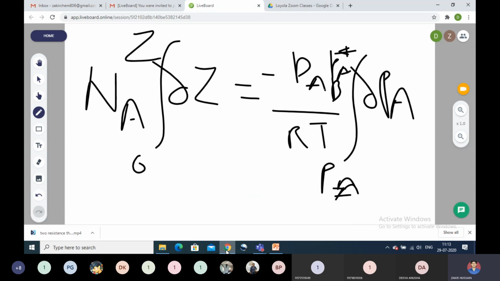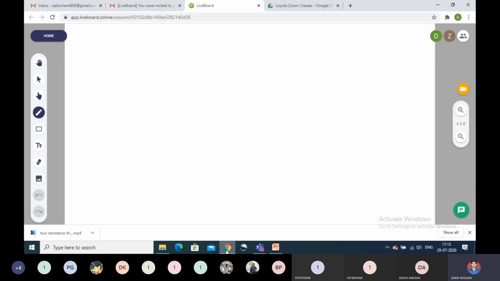Now this is also a simple integral. The integral and derivative cancel out. Now we can substitute directly: upper limit minus lower limit here, upper limit minus lower limit here. So here you can see Na into upper limit minus lower limit.